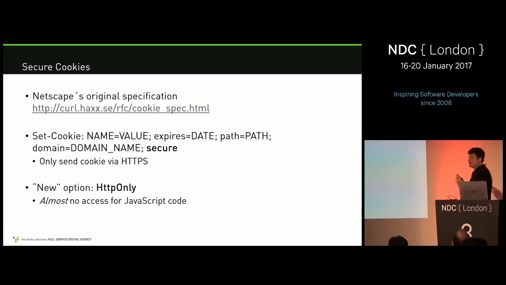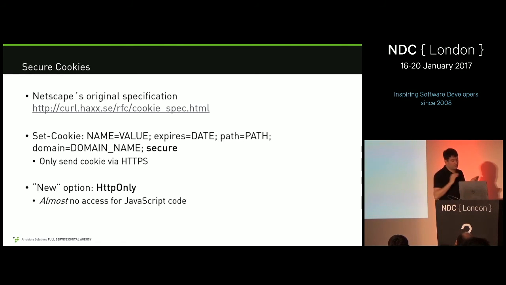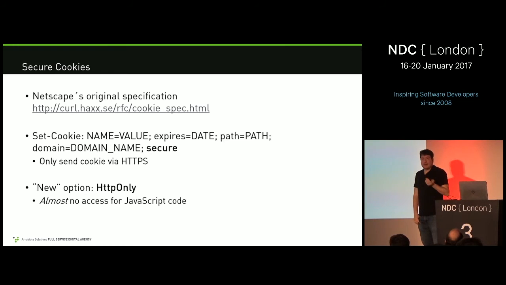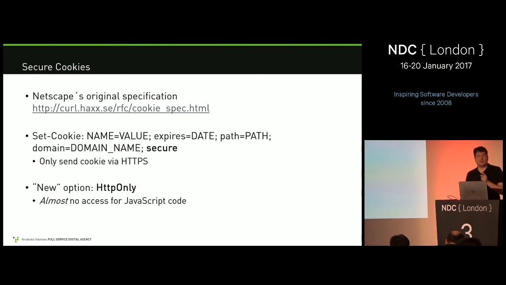This doesn't help against cross-site scripting, but it helps against open Wi-Fis, because in open Wi-Fi, if we have HTTPS and everything is configured correctly, then the data is encrypted. The data is encrypted before even HTTP headers are being sent, so we are safe there.